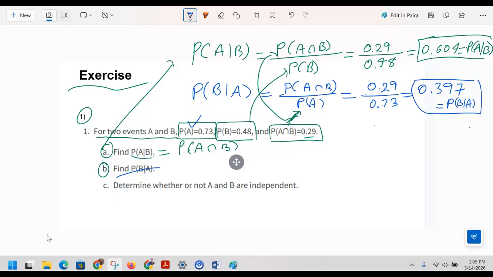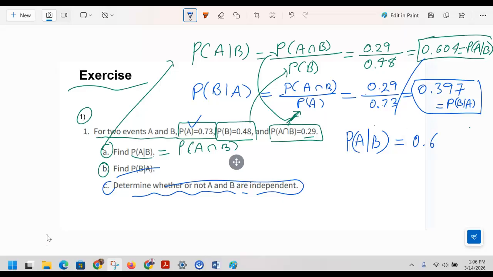Finally, they're asking, are they independent or not? How do we know? The probability of A when B happened, we know from here, is 0.604, and the probability of just A is 0.73.